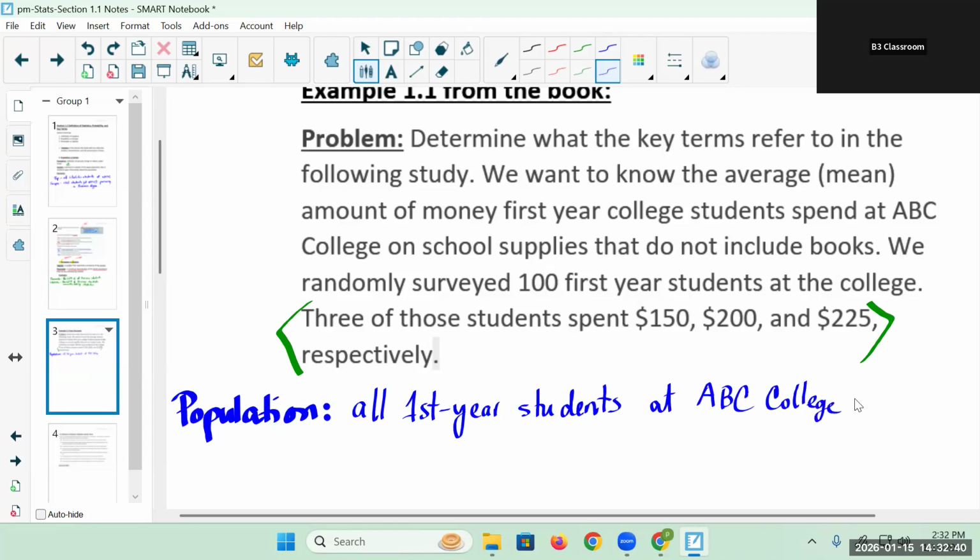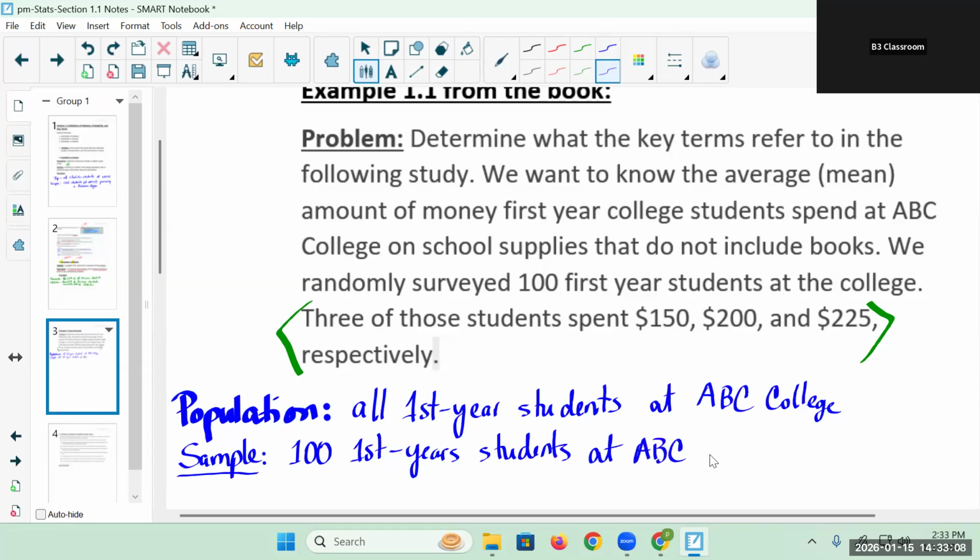My sample, and I'm getting specific because it says they randomly survey 100 first-year students. So it's 100 first-year students at ABC College who were surveyed.